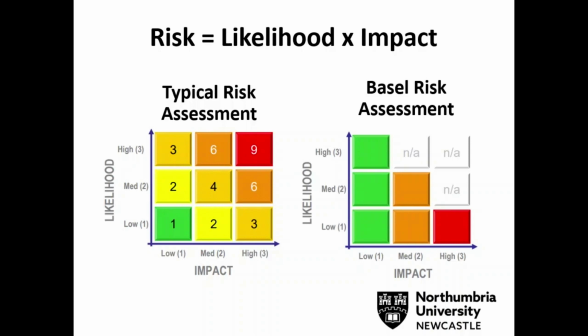Now, these things are quite difficult to exemplify. That's why the Basel prefer the kind of things that are high impact but low likelihood, just like the COVID-19 incident right now. That's why they prefer that over the typical risk assessment, because if you're a bank and you're in an area where you have high likelihood and high impact often, why would you be there?